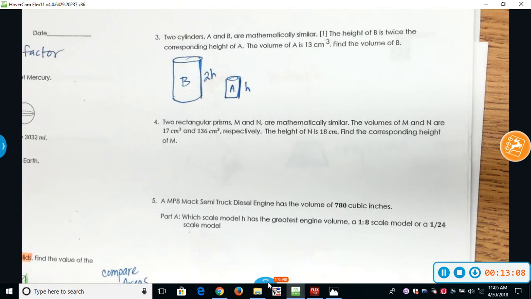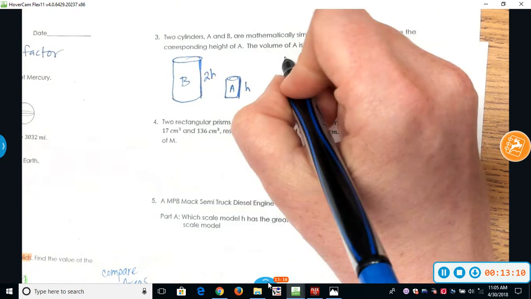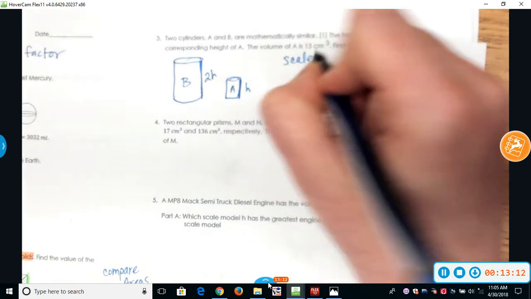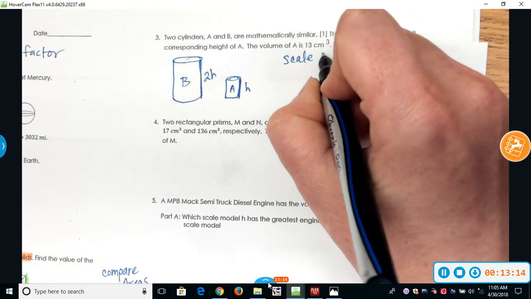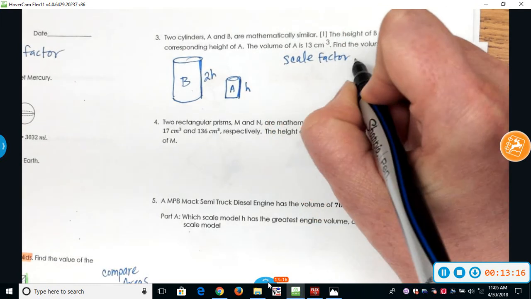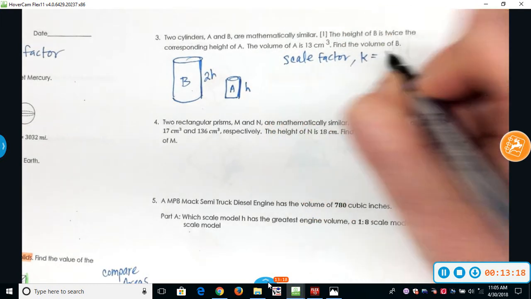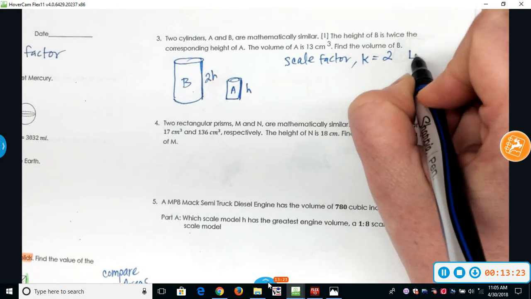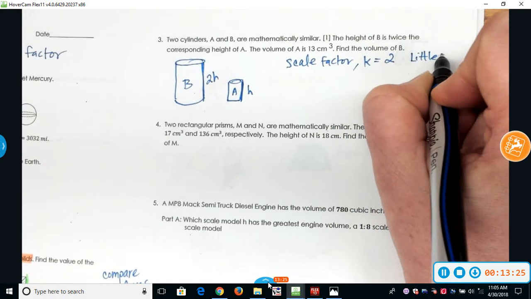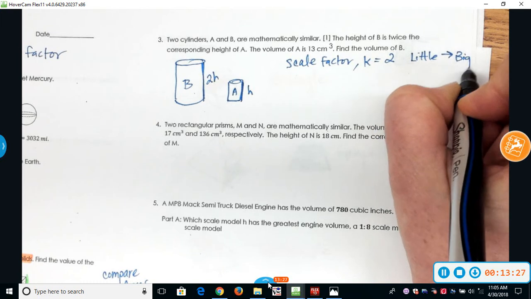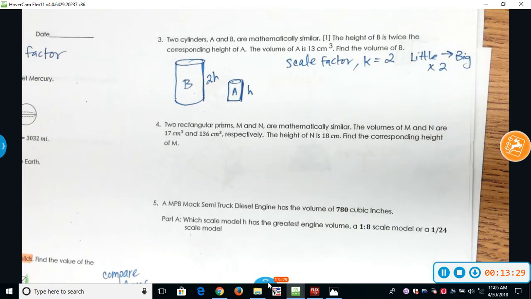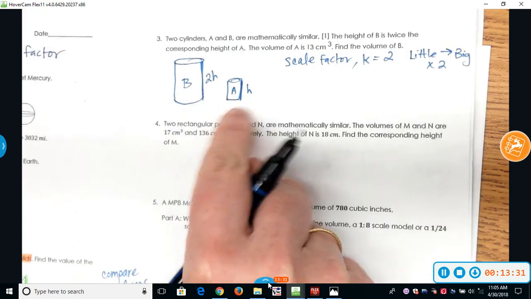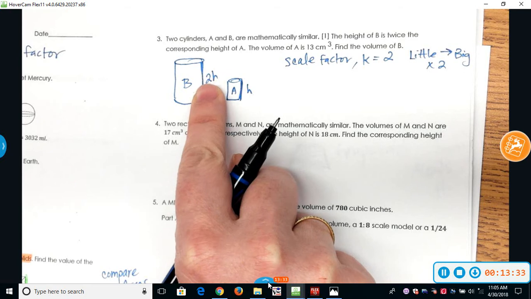So from that, my scale factor, also known as K, is 2. So if I'm going from little to big, I multiply by 2.